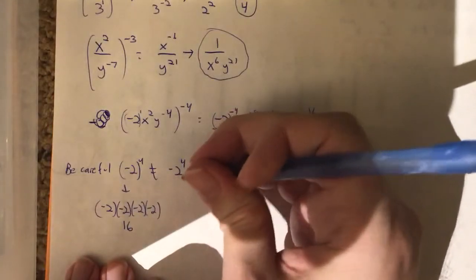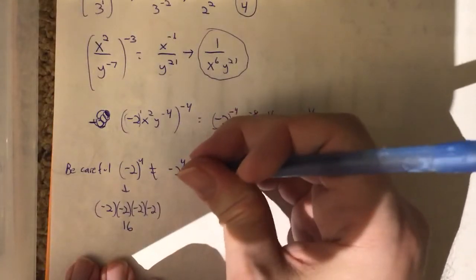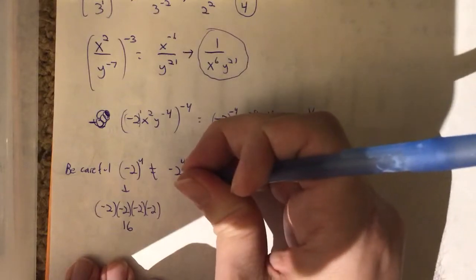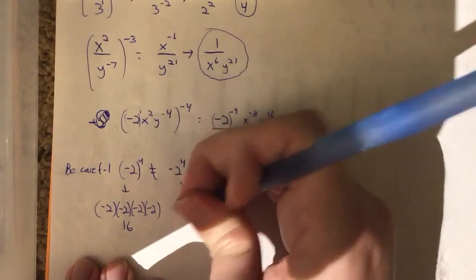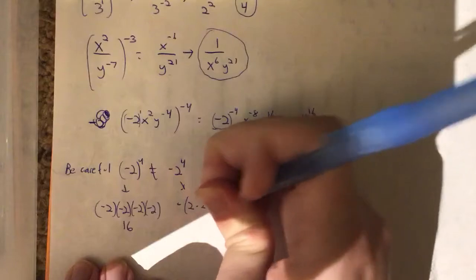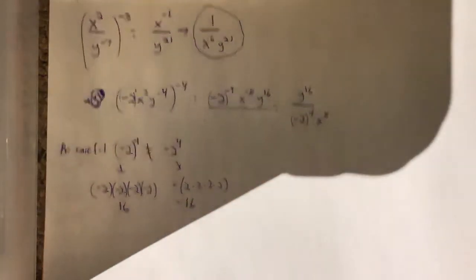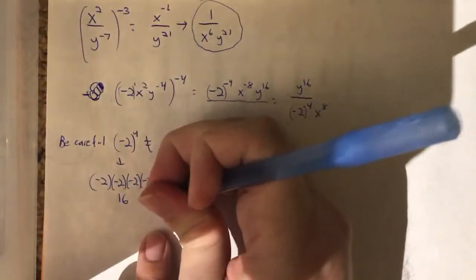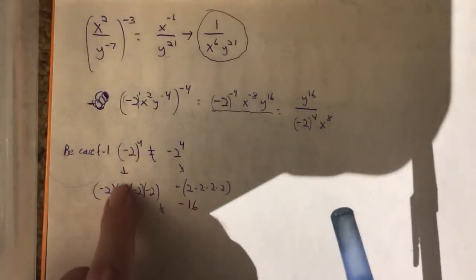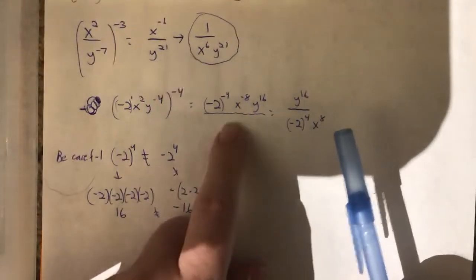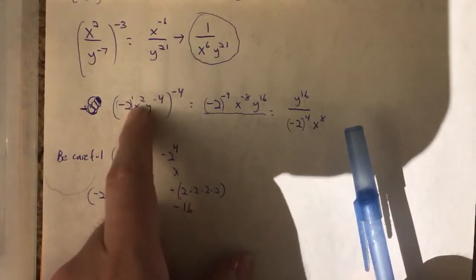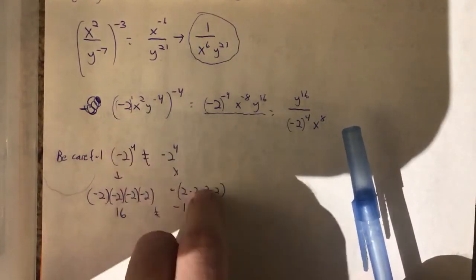This other one is saying I'm doing 2 to the 4th, and then I'm adding a negative at the end. This is just negative 2 times 2 times 2 times 2, which is negative 16. 16 is not equal to negative 16. So be careful. Sometimes it's helpful to put parentheses around each piece so you know.